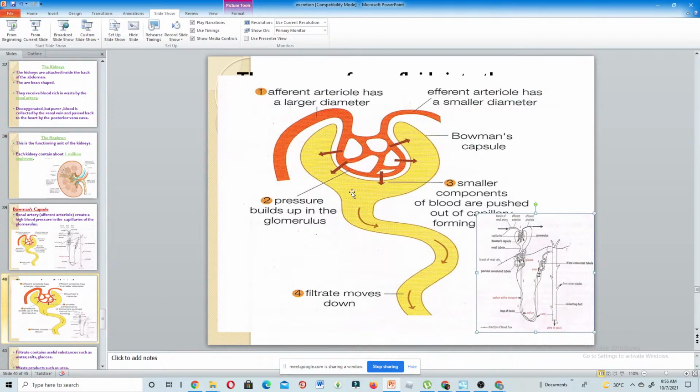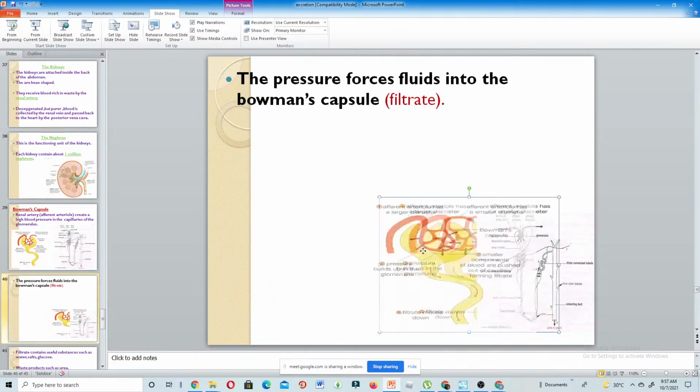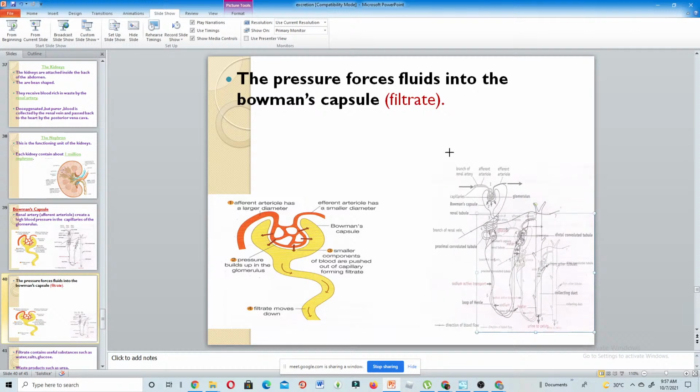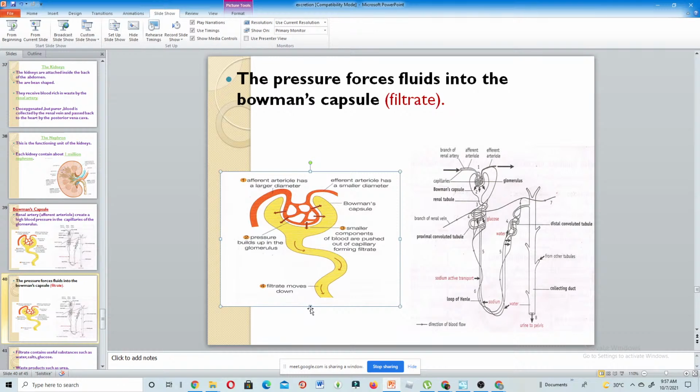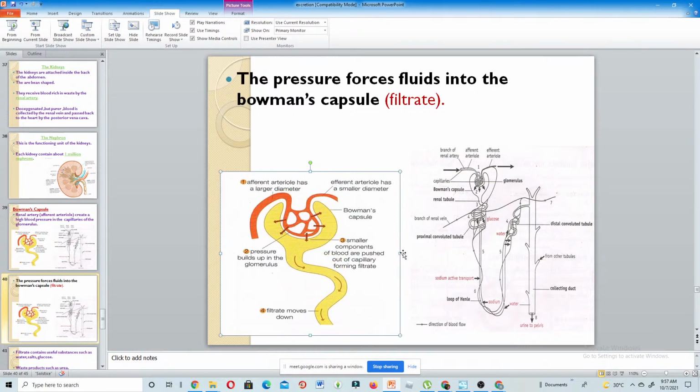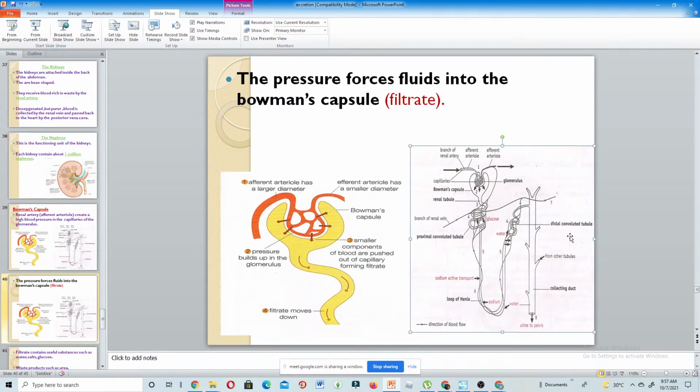Based on how it is shaped, it can catch the filtrate. The arrow shows the filtrate being squeezed through the walls of the capillaries. The increased pressure will basically do that. The pressure will force the fluid into the Bowman's capsule, again the part that's shaped like a cup.